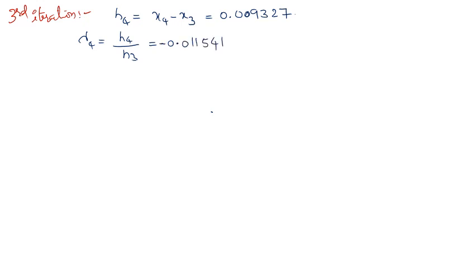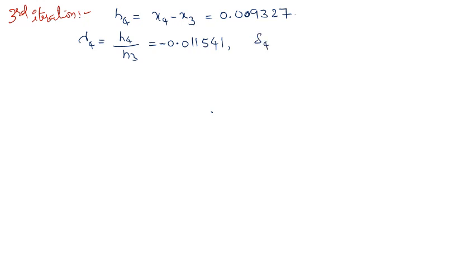Third iteration. Now coming to H4, x4 minus x3, substituting and subtracting the values, 0.009327, and lambda 4 equal to H4 by H3, minus 0.011541.